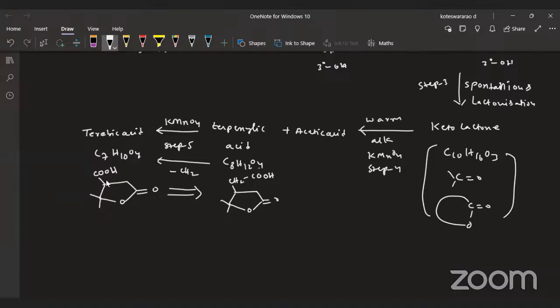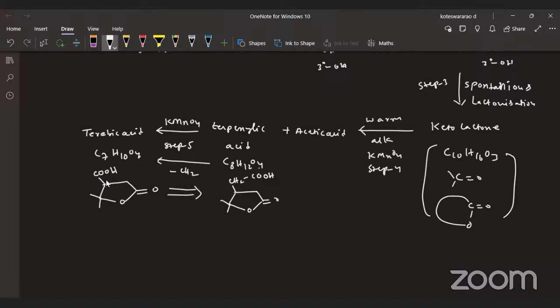The difference is only one CH2 group. Therefore, the higher carboxylic acid is degraded into the lower carboxylic acid. Now I am adding one carbon in between the carboxylic acid group and the cyclic group, the 5-member ring. That leads to the formation of terpenoic acid. It is the retrosynthesis. I mean, I am analyzing from the back to the start, right?